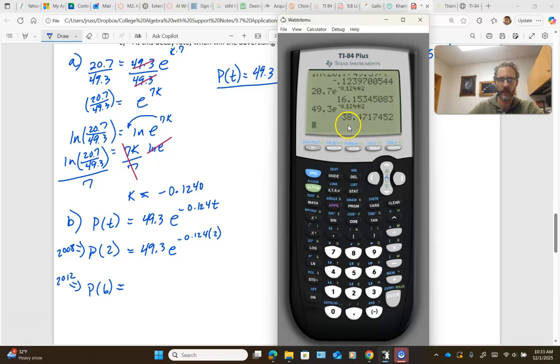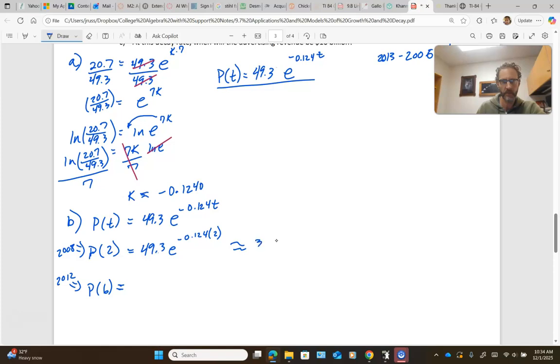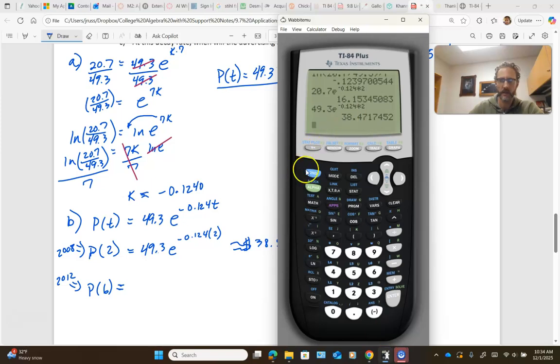Okay. Now I'm going to hit enter. Okay, this looks more like it. So in 2008, the revenue will have fallen to, if we round to the nearest tenth of a billion, this would be 38.5. So we'll say this is approximately equal to 38.5. And we need to keep the word billion on there. I'm going to put the dollar sign too, because we're talking about revenue. And then I'll do the same thing whenever t is 6, or for 6 years.